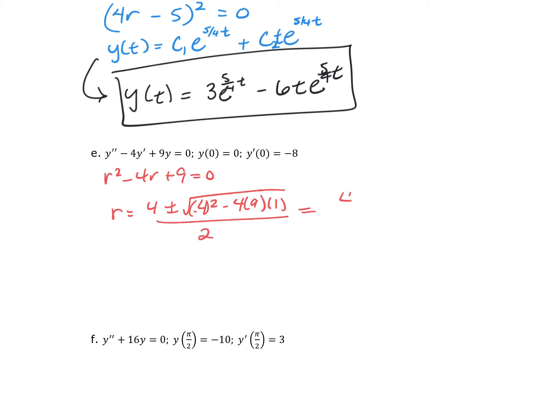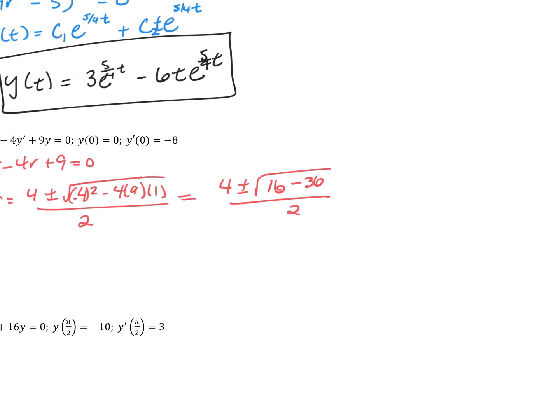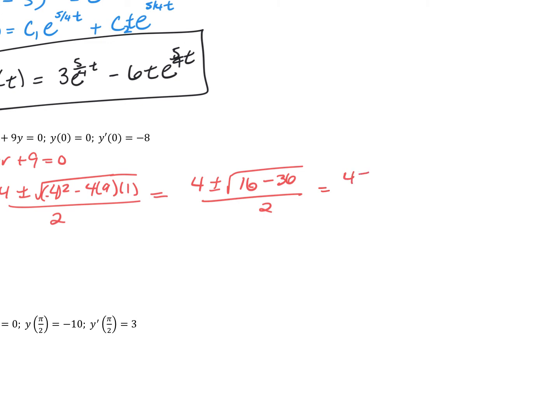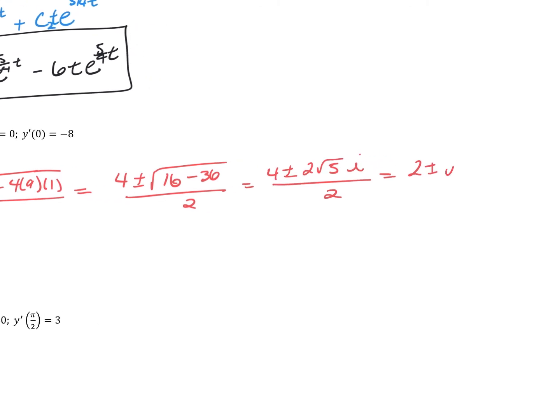So this gives me 4 plus or minus the square root of 16 minus 36, over 2. We can see that I end up with a discriminant that's less than 0. So I end up with 4 plus or minus the square root of negative 20. Negative 20 is 2 root 5 i, divided by 2, which gives me 2 plus or minus the square root of 5 i.